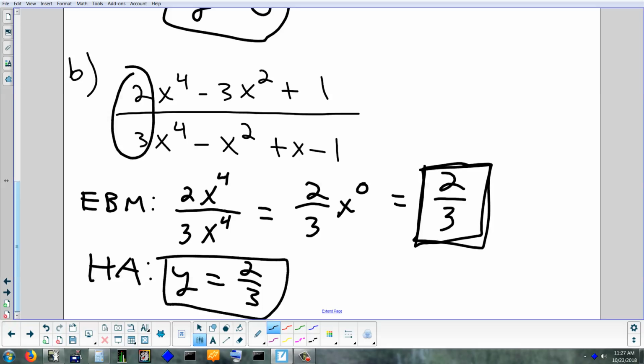If you let x be 20,000,000, you'd get a number even closer to 2/3. If you let x equal like 3, you're not going to get anything close to 2/3. Well, it might be kind of close, but not that close. The bigger you make x, the better and better a predictor this number will be of what's going to happen. Okay. So, questions on that?